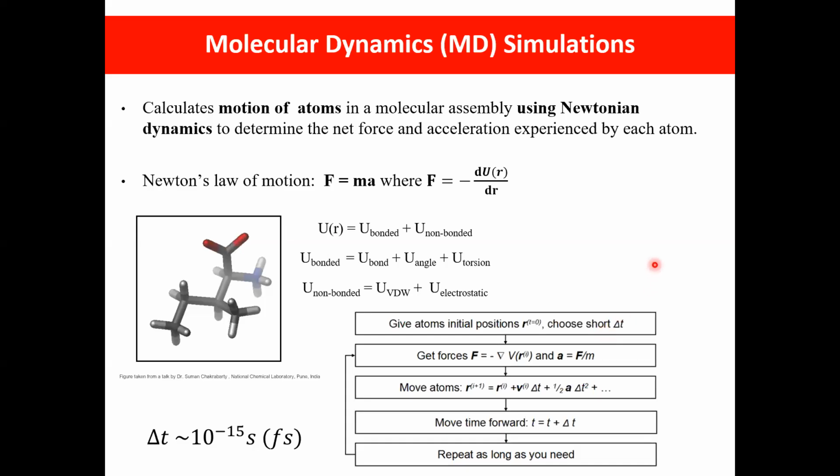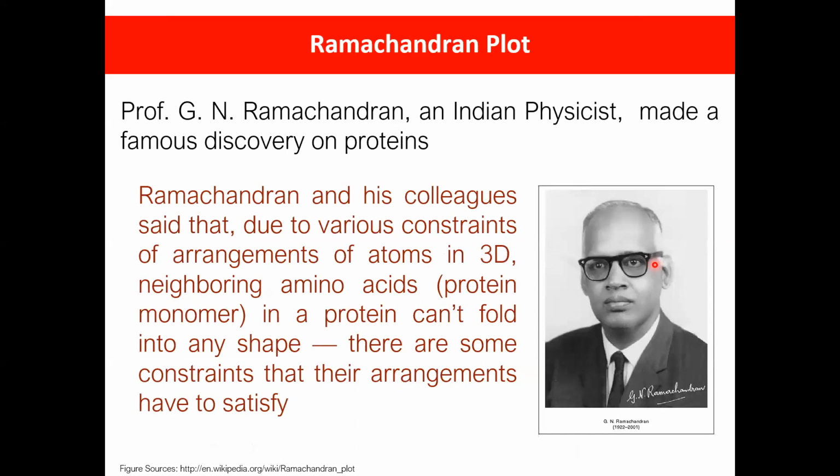Okay, so let me share my slides again. When I'm talking about protein folding, if I do not take the name of Professor G.N. Ramachandran and his contribution to the field of protein science, it will be a complete injustice to Indian science.